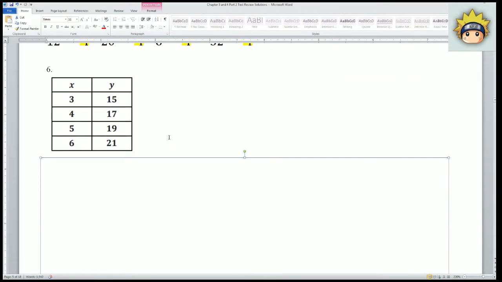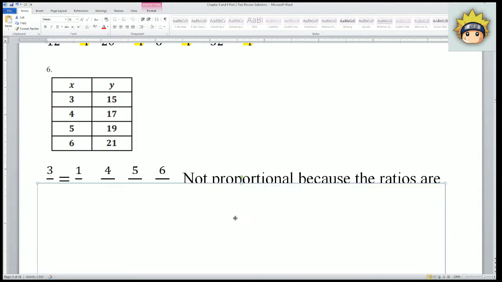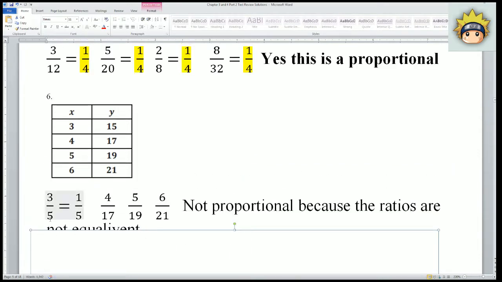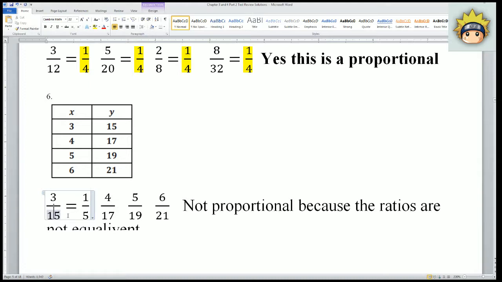Next, 3 over 15. Can 3 over 15 simplify? Yeah, 3 over 15 can be simplified into 1 over 5. 4 over 14 cannot be simplified, so that's just 4 over 14. 5 over 19 is just 5 over 19.